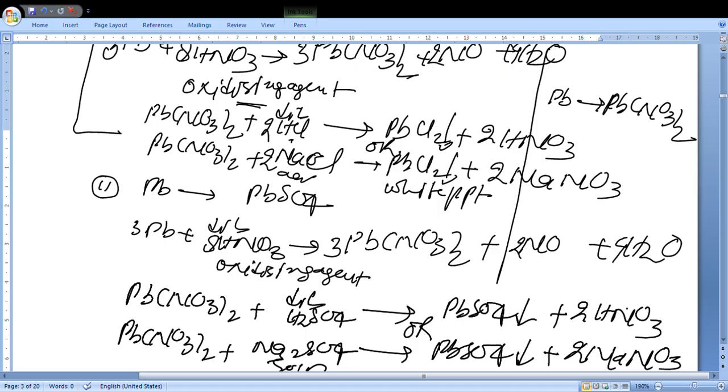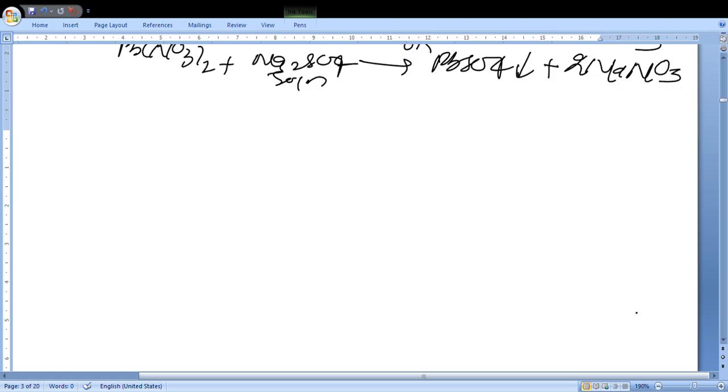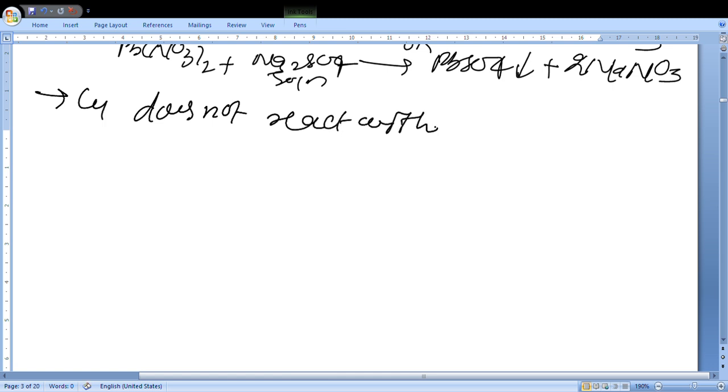PbSO4 or PbCl2. A very important point to remember is that metals which are below hydrogen in the reactivity series, like copper, do not react with dilute HCl or dilute H2SO4.